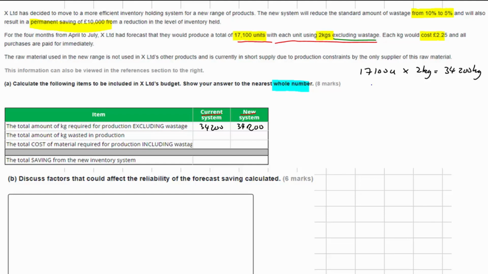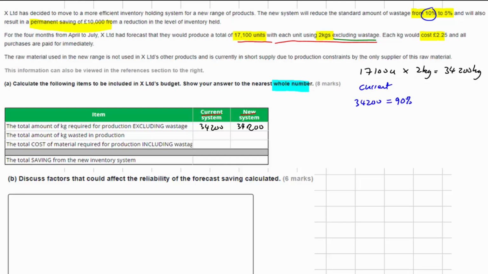Under our current system, it tells us that at the moment 10% of our kilograms is wasted. So we know that the 34,200 is the amount of kilograms in the final product, but this must represent 90% of the input because 10% is wasted.